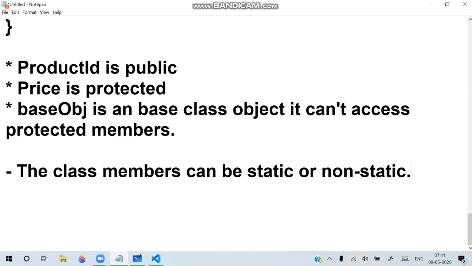It is about how they are accessed. So the question was, what is static or non-static?